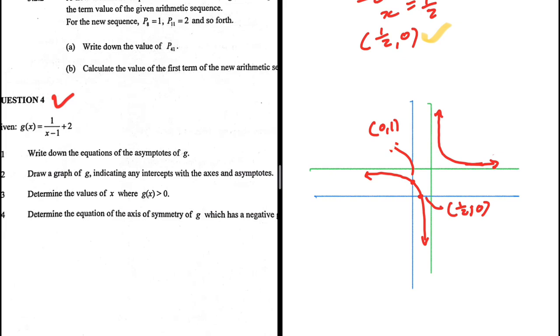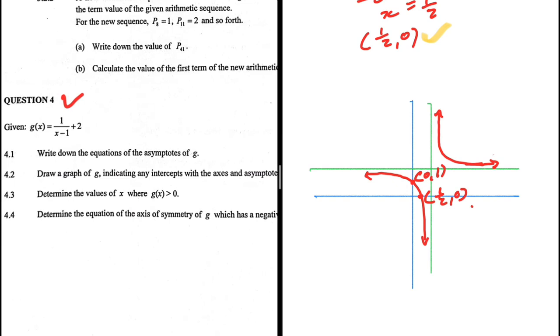Let me not use arrows here, because now it's like I'm drawing a graph. Let me just bring the point closer instead, right? I don't want any issues to arise. I don't want to lose any marks. Yeah. So a half, 0, and this is 0 and 1. That is much better. If I put an arrow there, it seems like it's a graph, and that is unacceptable.